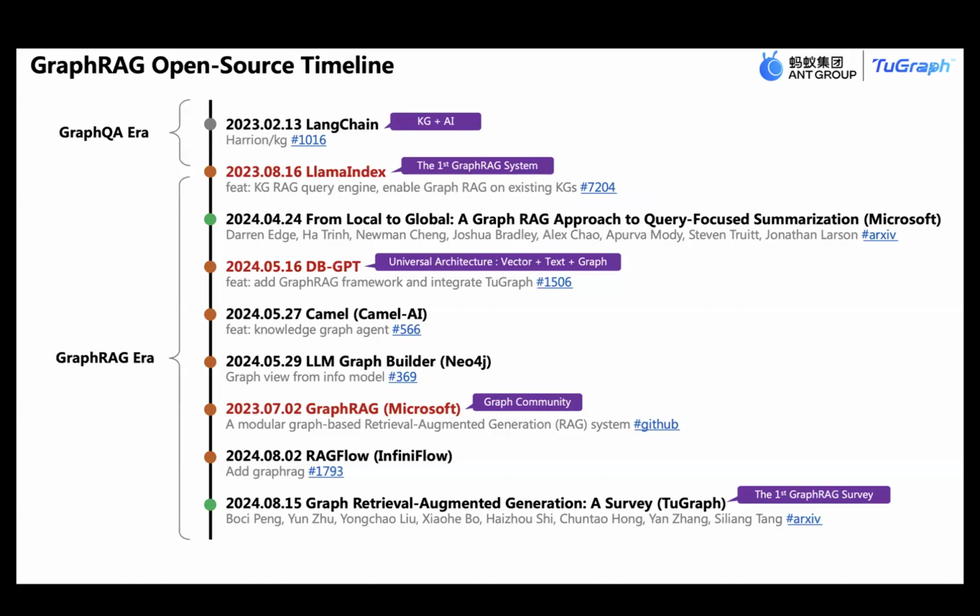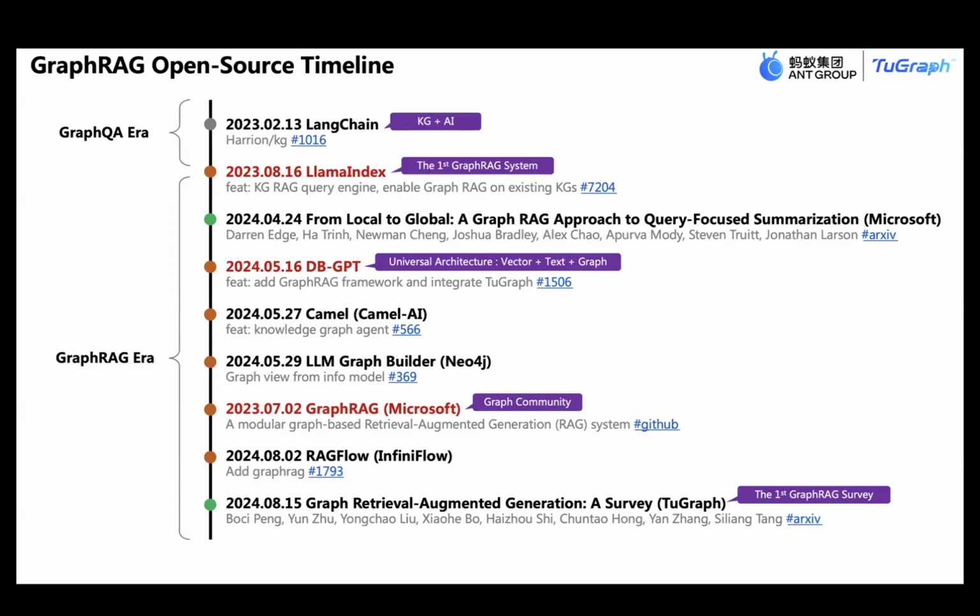After that, LlamaIndex gave the first GraphRAG system, and Microsoft proposed a paper called From Local to Global, with their GraphRAG method. In May this year, we implemented our GraphRAG system on the LDBC AI framework of AntGroup, and proposed a universal architecture compatible with vector, text, and graph index.